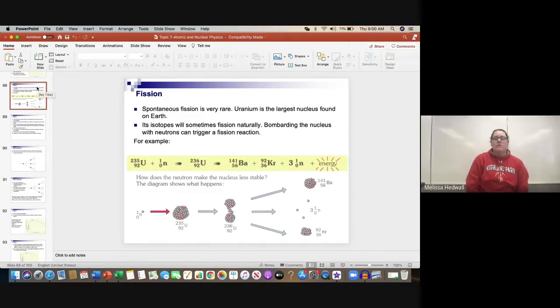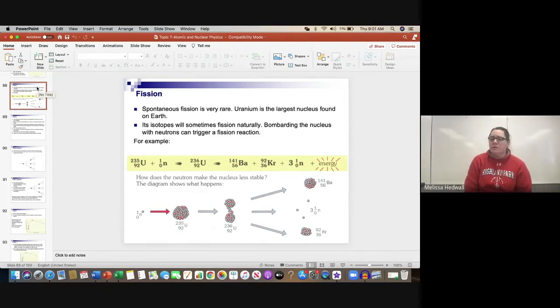When you have your U-235 and your neutron, that U-236 is just a very, very brief moment that exists, but then it splits. And so if you take the mass of your uranium atom and the mass of your neutron, you don't need to do that middle split there, that transitional U-236. But then if you look at barium-141, krypton-92, and your three neutrons, if you take the masses of those, again in the same way, you would have that mass defect.